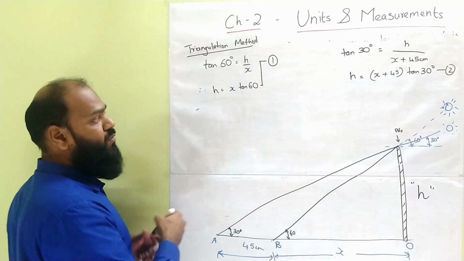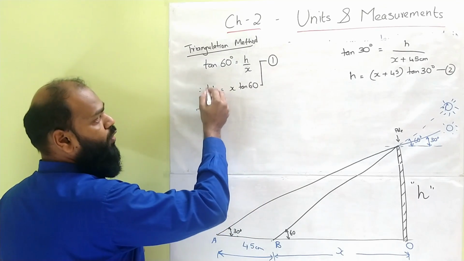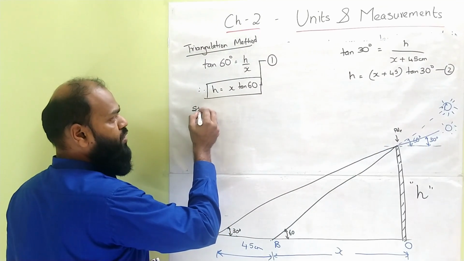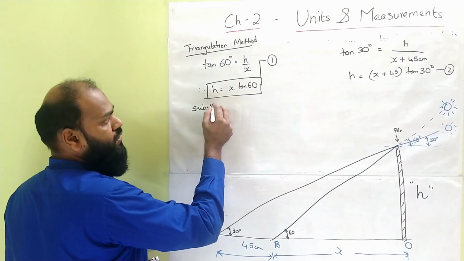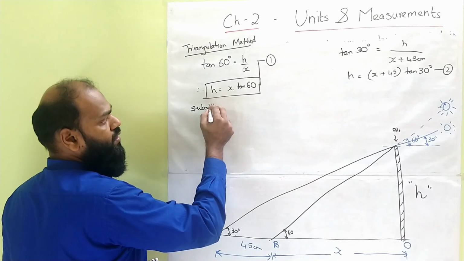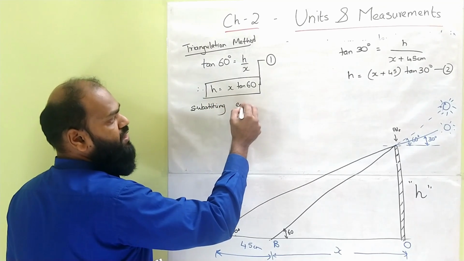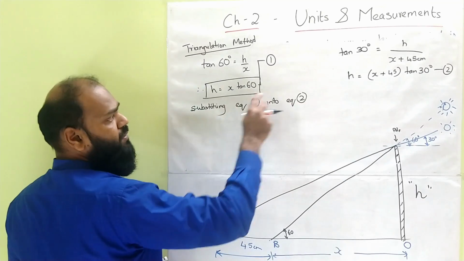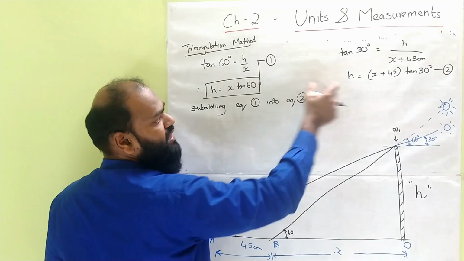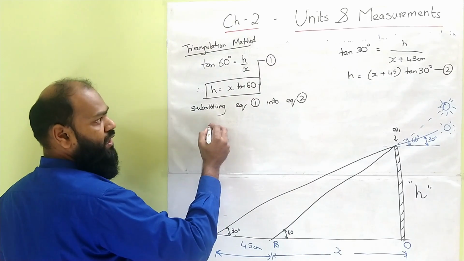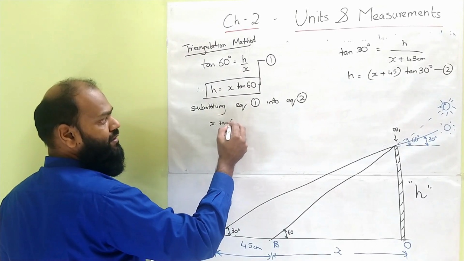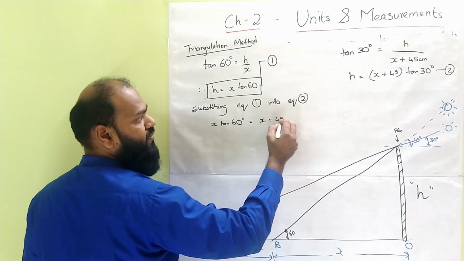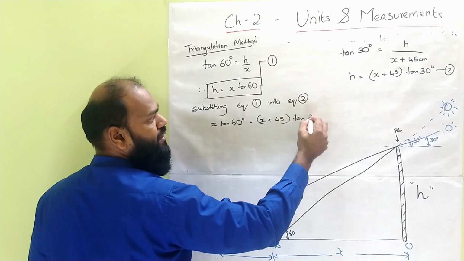Now we have equation 1 and equation 2. I am going to substitute equation 1 into equation 2. Substituting h equals x tan 60, we get x tan 60 degrees equals (x plus 45) into tan 30 degrees.